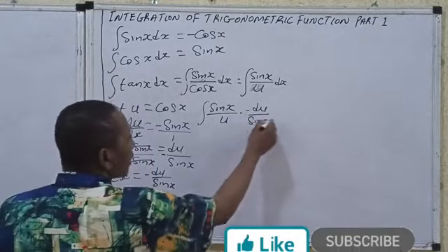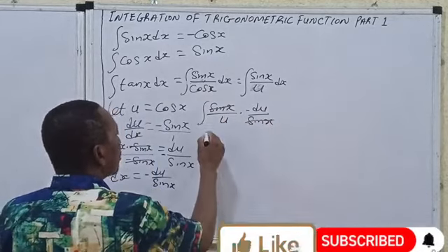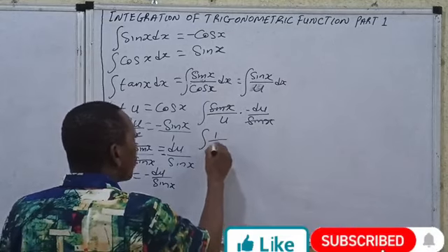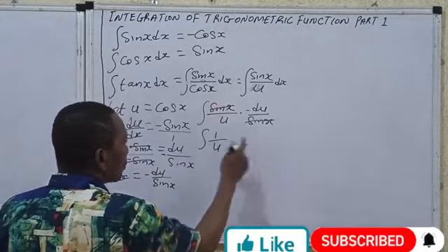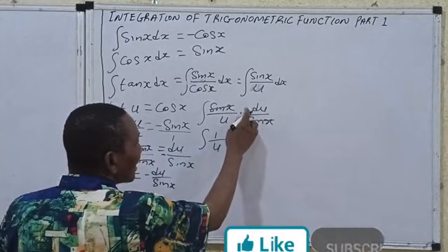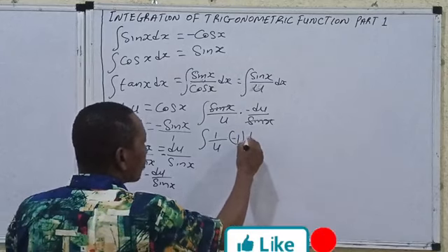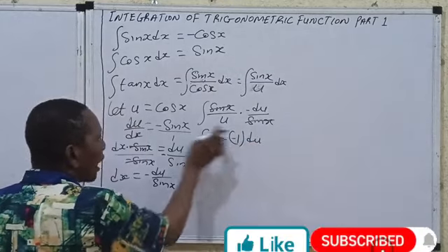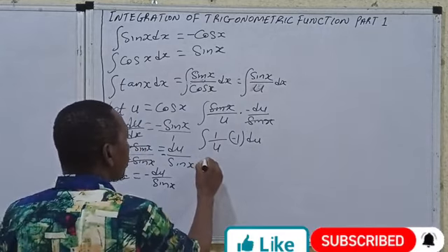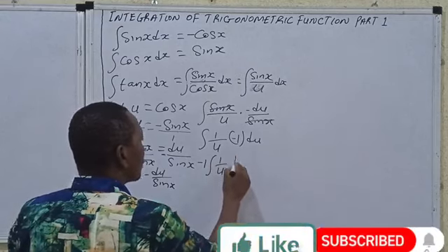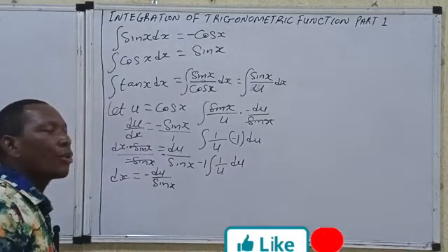We cancel out sine x, and you now have 1 over u. Remember, I said this negative sign is like negative 1, so you can bring it out. So you now have negative 1 integral of 1 all over u du.